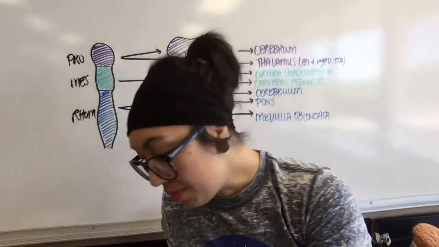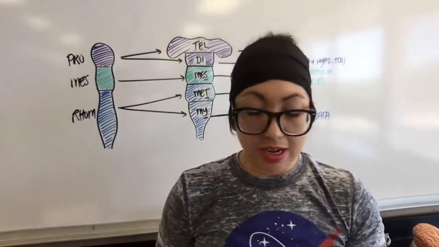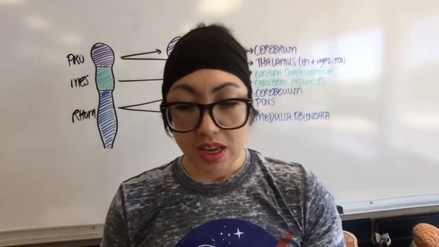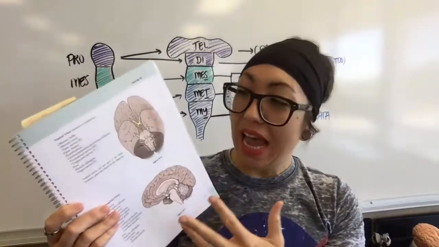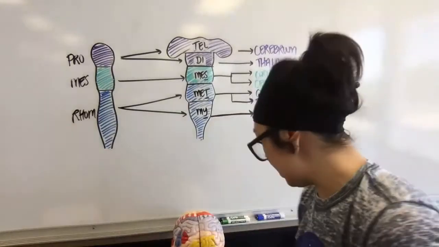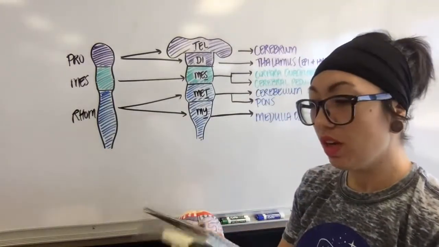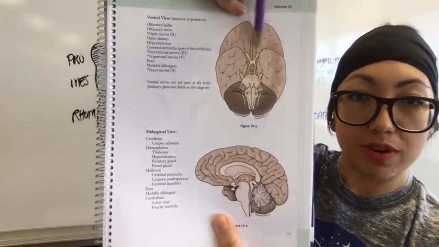There are some terms on here that I'm not sure exactly why they're listed, because I don't think they're great visual representations of what we have here. It's just because they're really hard to see. So for instance, here we have the olfactory bulbs.